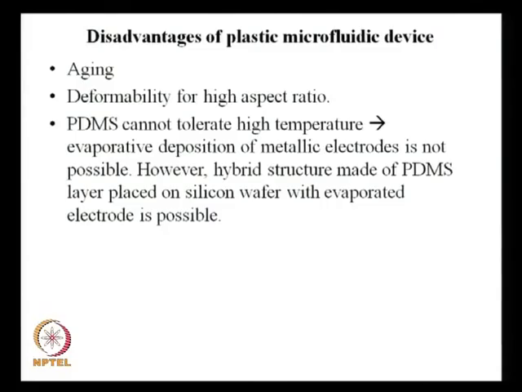So, first you take the silicon wafer, take it to the evaporation step, evaporate the electrode and put it there, and then you go for the application of the PDMS layer on the silicon wafer, such that you have the benefit of both the structures.